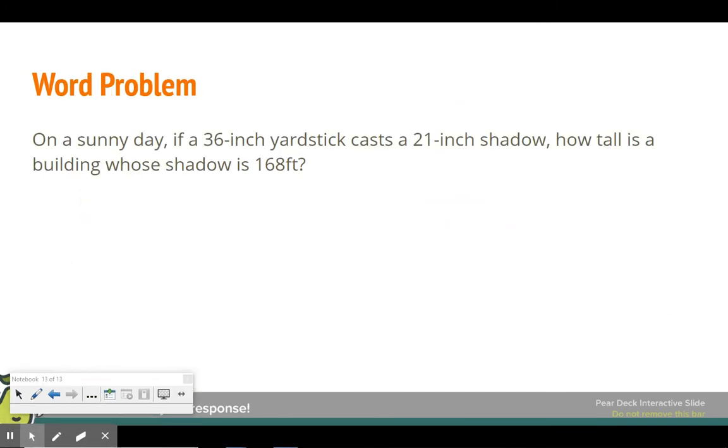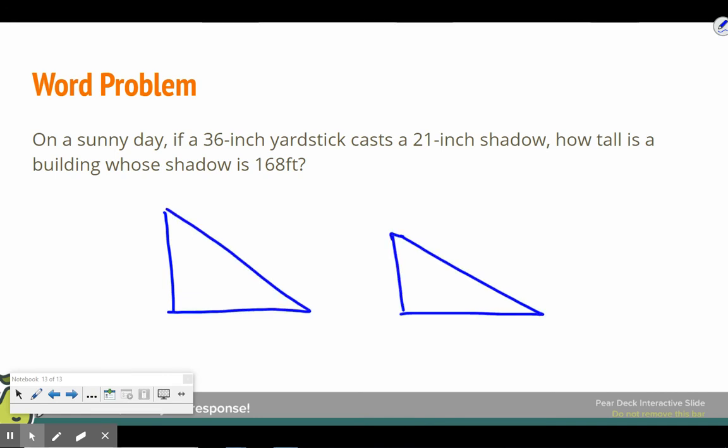Sometimes these will show up in word problems, so it's your job to draw a picture out. We have a sunny day, and a sunny day means there are shadows, so we're probably going to have a shadow problem. Anytime I realize it's going to be a shadow problem, I like to set up two triangles, just like that. We have a 36-inch yardstick that casts a 21-inch shadow, so we have 36 inches.